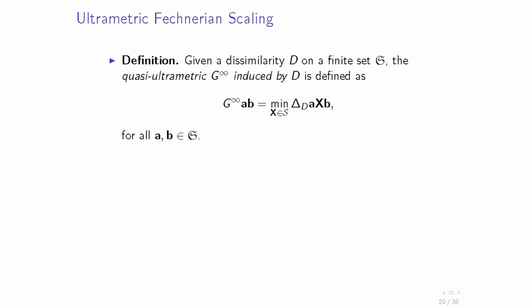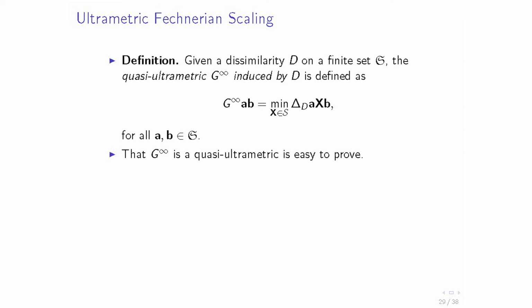Now, given a dissimilarity D on a finite set, the quasi-ultrametric G induced by D is defined by taking the minimum over all possible chains, where in each of the chains we only pick the maximum element. So we take the minimum of the maxima of the chain elements over all possible paths from A to B. And then one can show that this is actually a quasi-ultrametric.